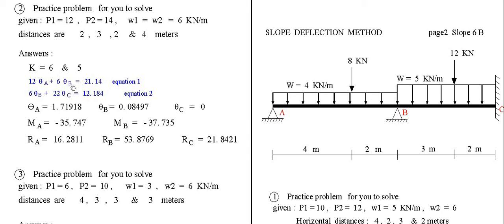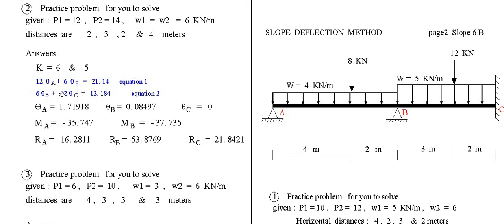Then equation 1 and equation 2, we have this. 12 theta A plus 6 theta B is equal to 21.14, equation 1. Equation 2: 6 theta B plus 22 theta C equals 12.184.